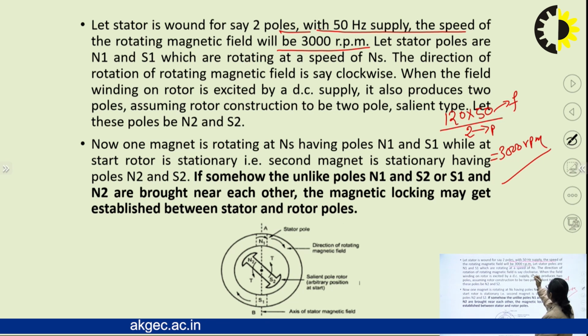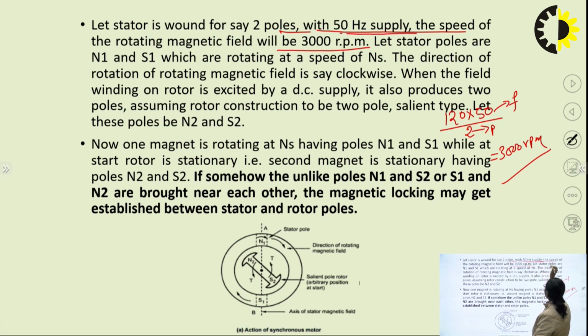So, the stator is wound for two poles. A three-phase supply with 50 Hz frequency is given to the stator winding of the machine. A rotating magnetic field is created, say N1 and S1 are the poles created by the current given to the stator winding of the machine. These poles are rotating at a speed of 3000 RPM, where 3000 RPM is the synchronous speed of the rotating magnetic field.